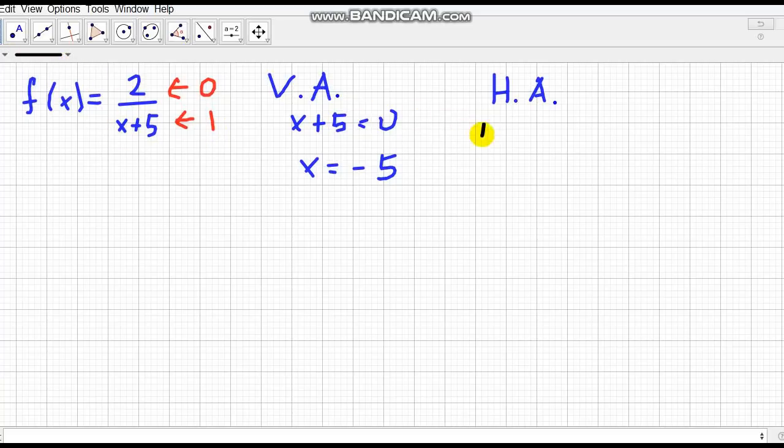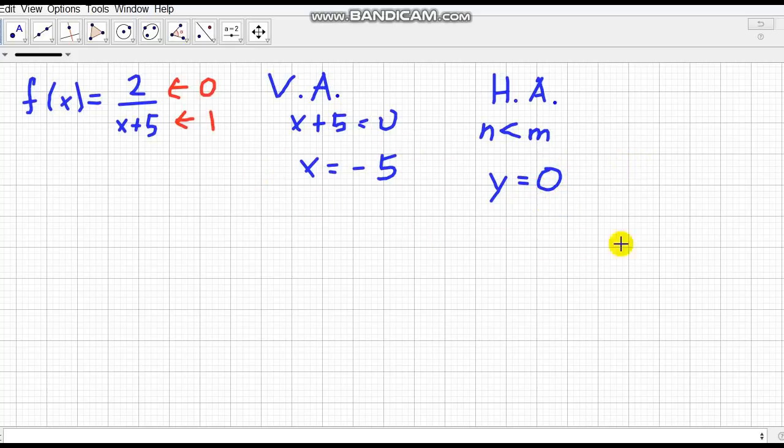Since we have this case, we have n is less than m. And since n is less than m, automatically we can say that y equals 0 is a horizontal asymptote.